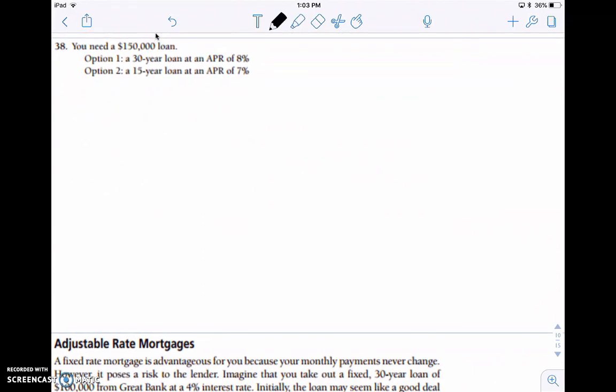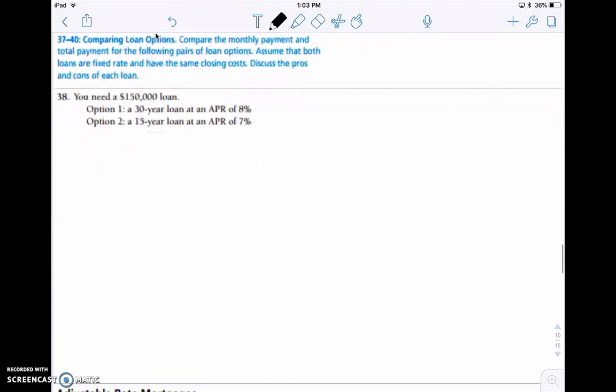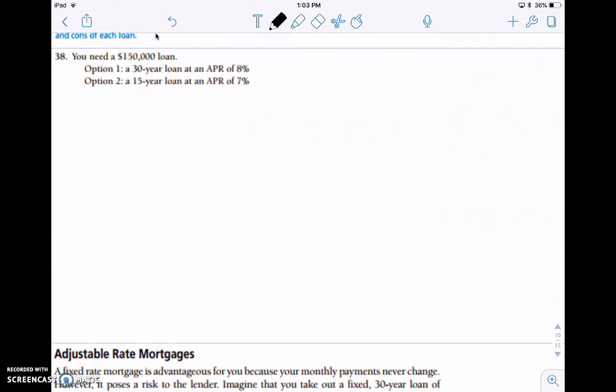We're going to use the same formula to determine the monthly payments on these loans. So our payment for the first option, we'll do option one in black here, is going to be the $150,000 mortgage times our APR, which is 0.08, and we make 12 payments per year, divided by 1 minus 1 plus that 0.08 over 12, raised to the negative 12 times, and if it's a 30-year loan, 12 times 30 power.